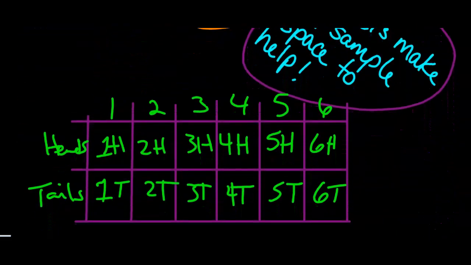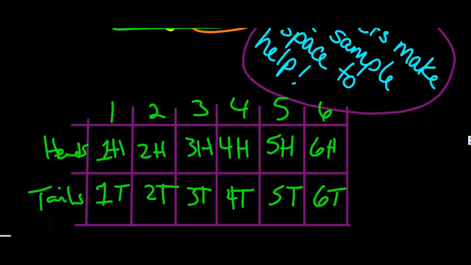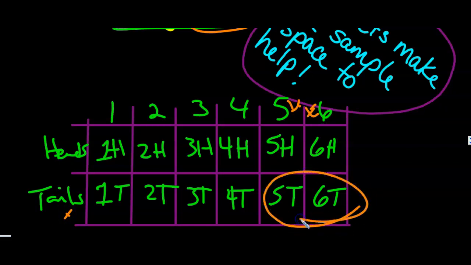So we need to identify the outcomes that give us our desired outcome. Greater than 4 is going to be either 5 or 6. Doesn't matter, either one. And then tails, obviously we need to have tails. So these two outcomes satisfy rolling greater than 4 and flipping a tails.